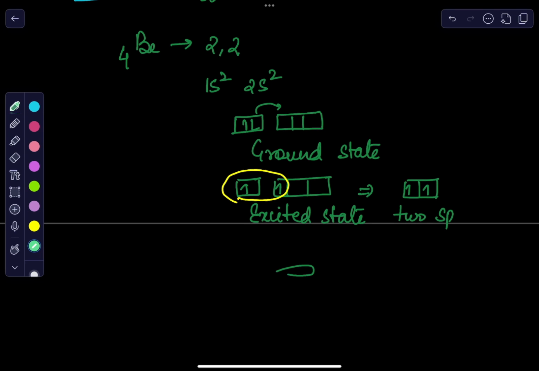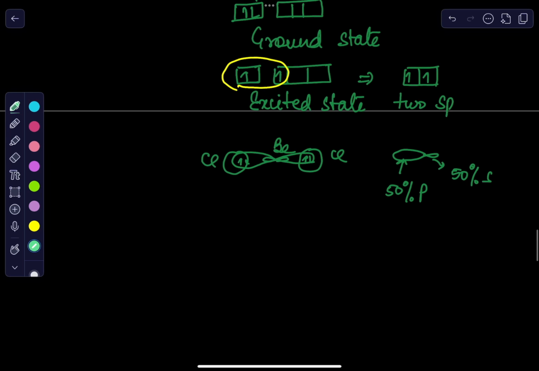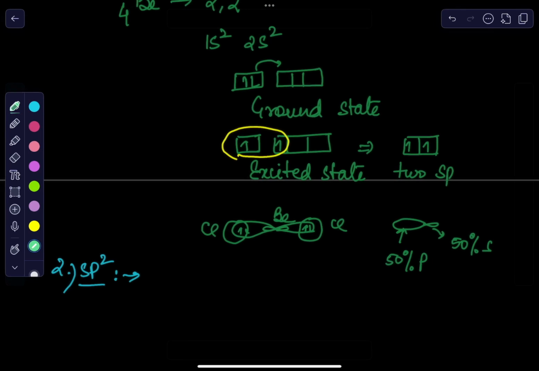So the 2 sp hybrid orbitals will lie at an angle of 180 degrees, and thereby the molecule is linear in shape. The smaller lobe represents 50% s character and the bigger lobe represents 50% p character. And now we can see why BeCl₂ is linear in shape.